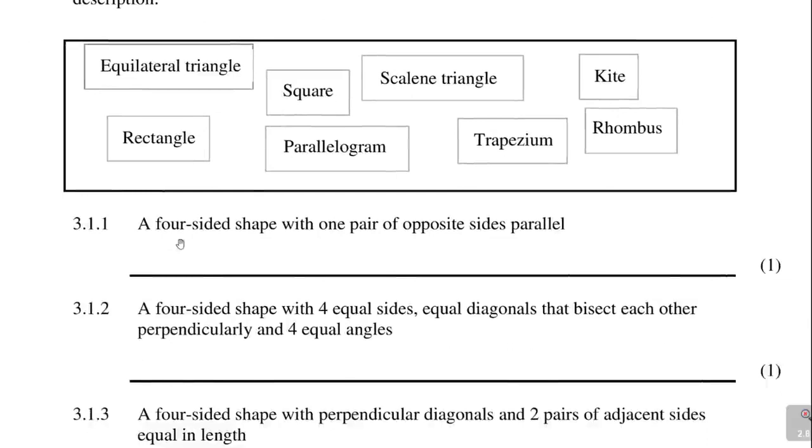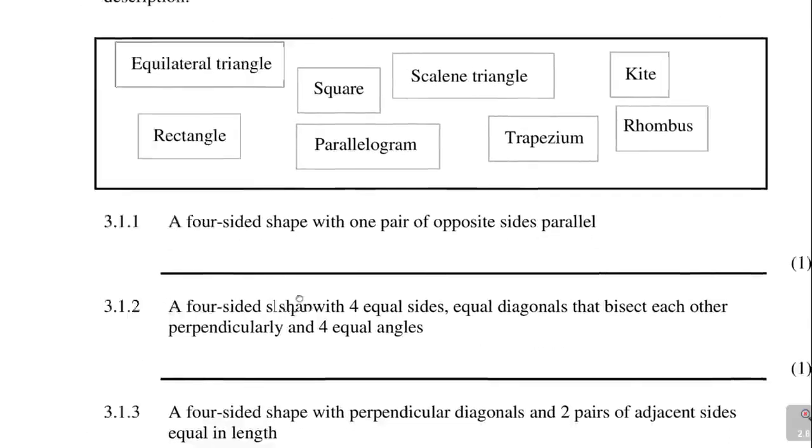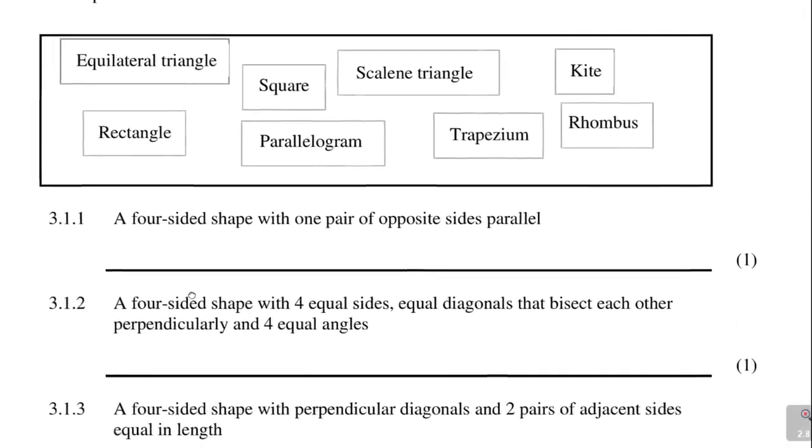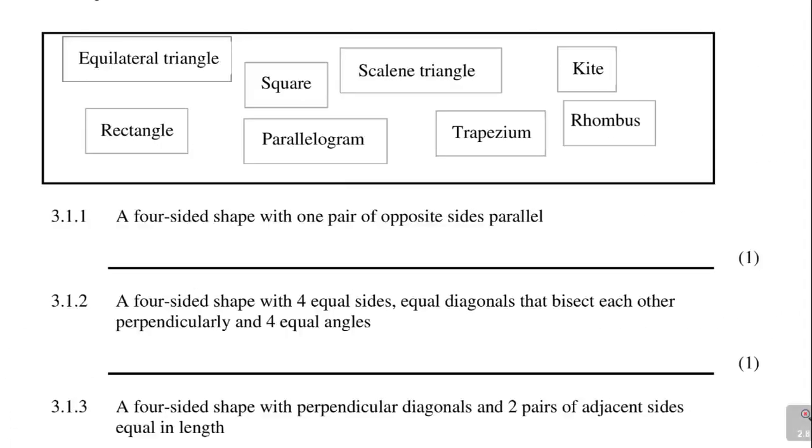Alright. A 4-sided shape with one pair of opposite sides parallel. 4-sided. How does it look? Let me just work it here. I hope it will be clear. It's a 4-sided shape like this. Okay, it's just 4-sided.